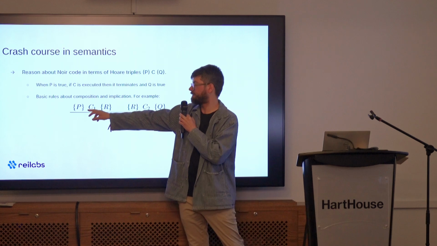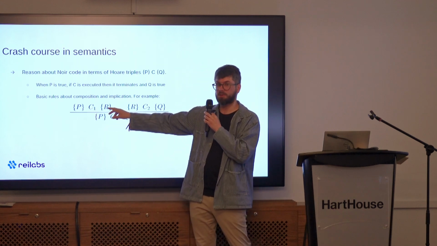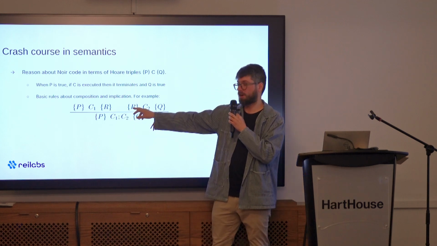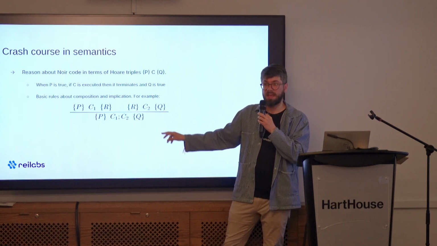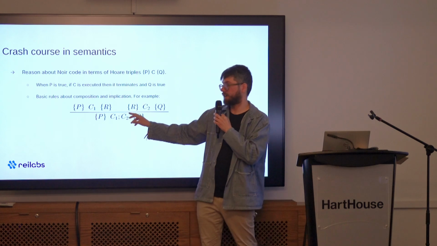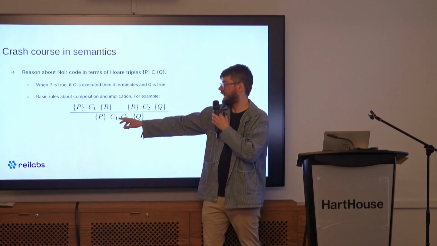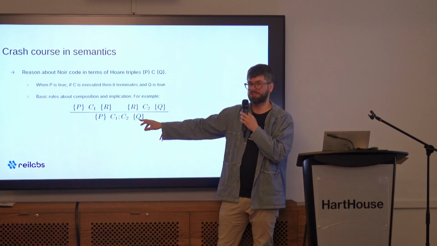This one says that if I have a precondition P, execute C1, then the postcondition R is true. This one says that if I have the precondition R, I execute C2, then the postcondition Q is true. And the end result is about composition of these two code blocks: if I take the initial precondition P, execute C1, then execute C2, then the postcondition Q is true.